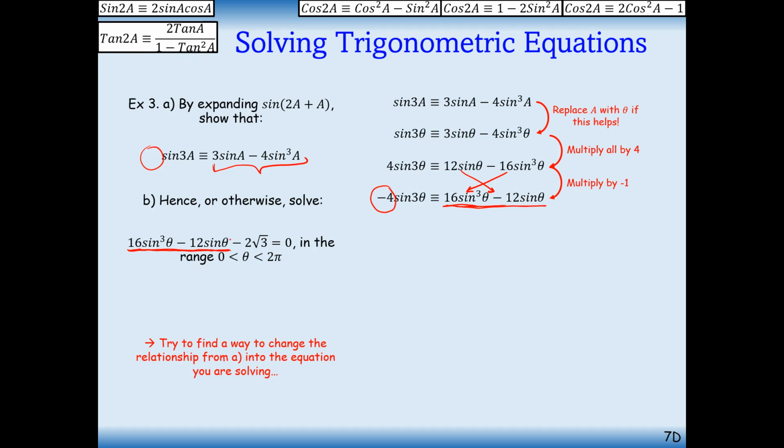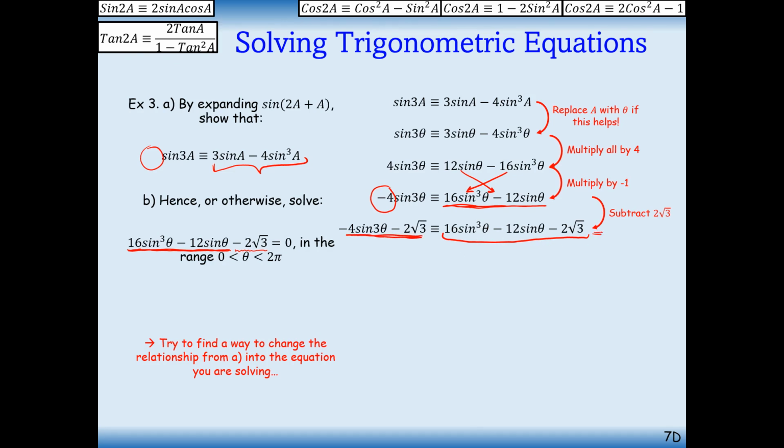Okay, so all we have to do is subtract 2 root 3 from both sides of this equation here, so that we get the equation that they've given us. So if we look at this expression, it is exactly what's equal to 0 here. So we know that these two sides are equivalent to each other.